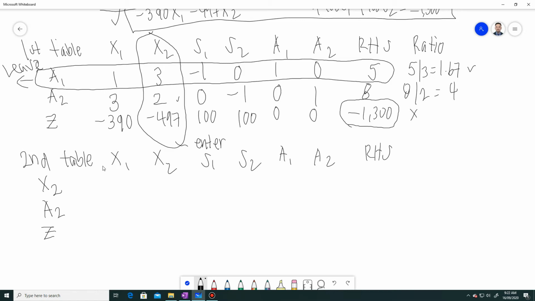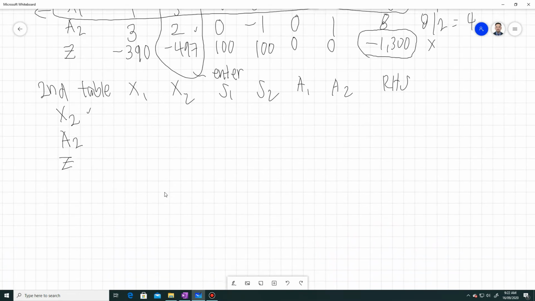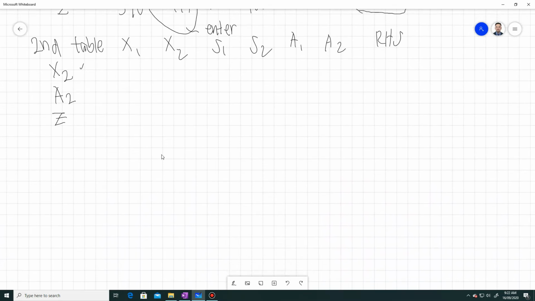Okay, and then we will first develop the x sub 2. x sub 2 has its formula. We just adjust this.